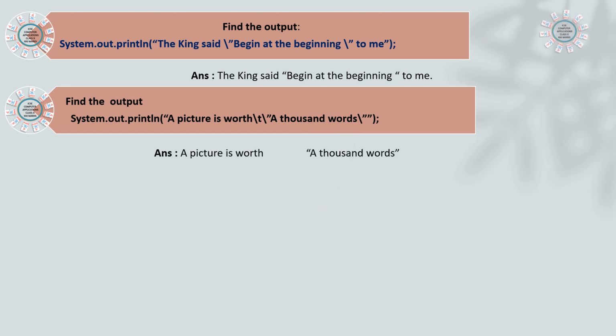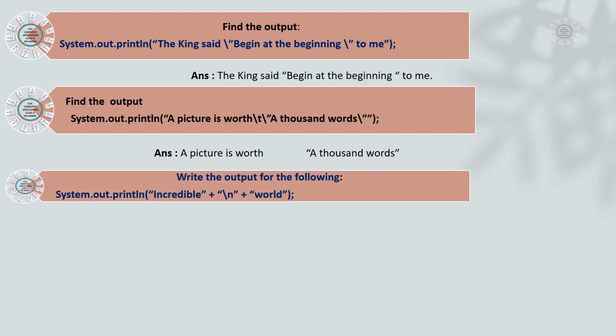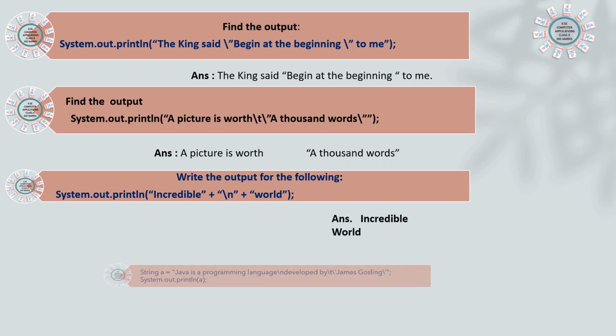So the answer will be: a picture is worth, tab space, then a double quote, and birds, followed by a double quote. And incredible bird, here slash n means next line, so the answer will be incredible, then bird on the next line.